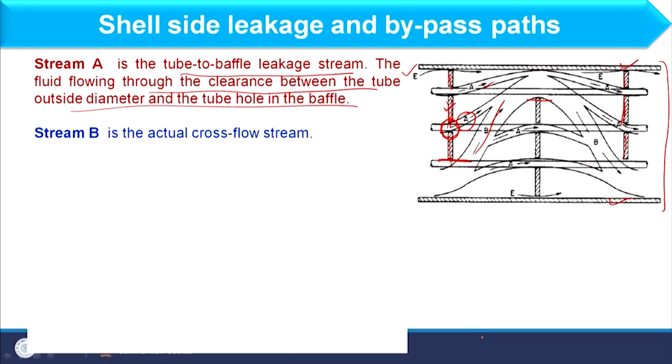Now, if you remember, Kern's method considers the maximum flow area which is available at the bundle equator. So, you can understand that Kern's method only addresses stream B, but only at the center of the exchanger, not in the whole cross flow area which is between two baffle tips. So, Kern's method considers this stream B with a limitation.